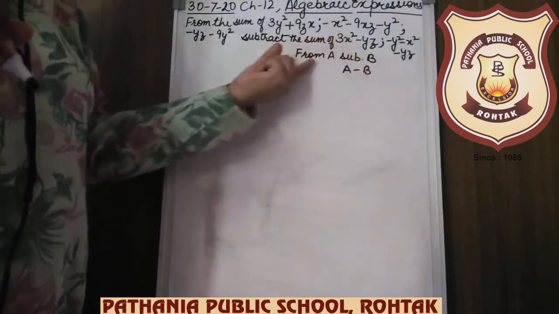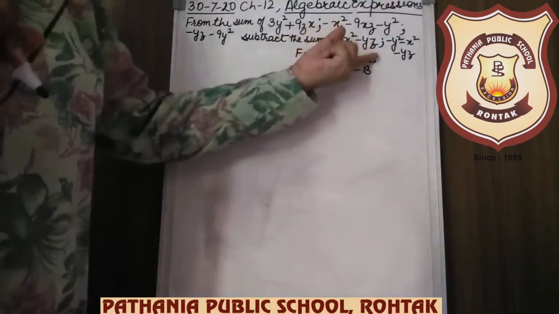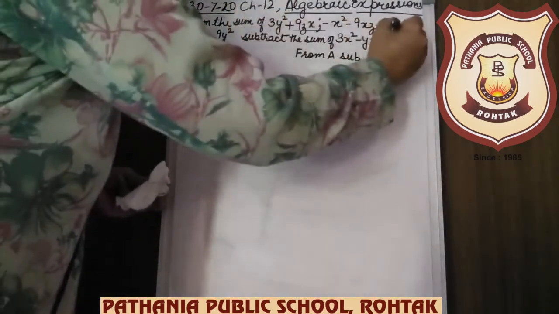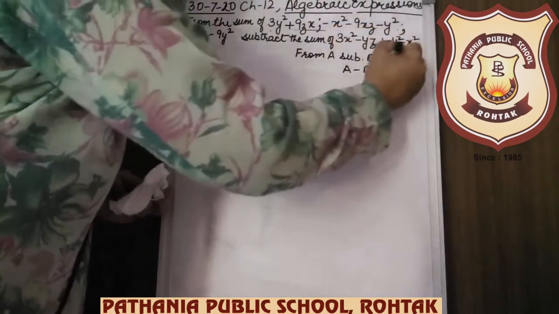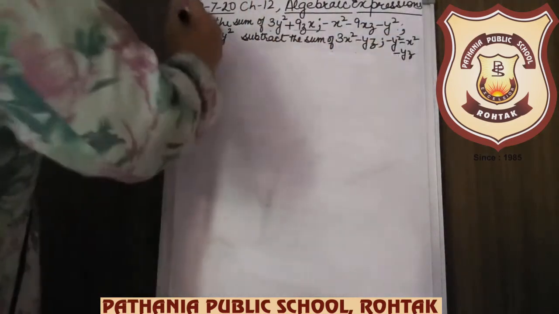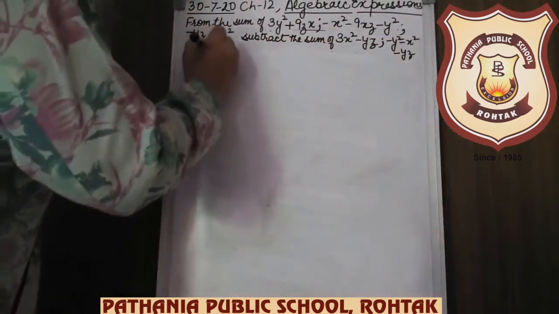Here the statement is different. From A subtract B. So this I have called as A. This whole sum will come as B. So you can write sum A.